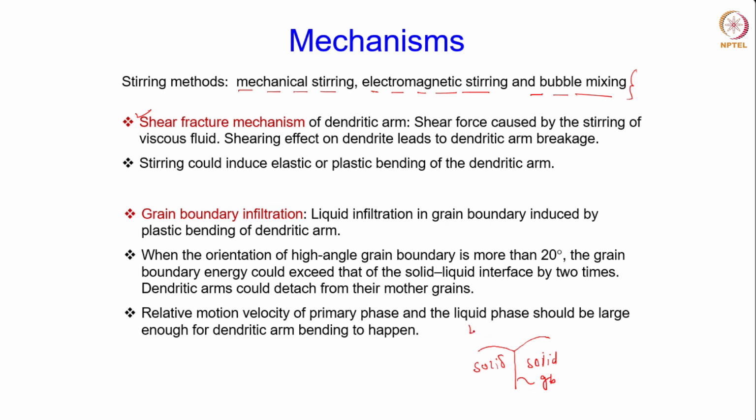So here you have the liquid. So now the surface tension of the liquid will form an angle here with the grain boundary. And this angle is known as the dihedral angle.